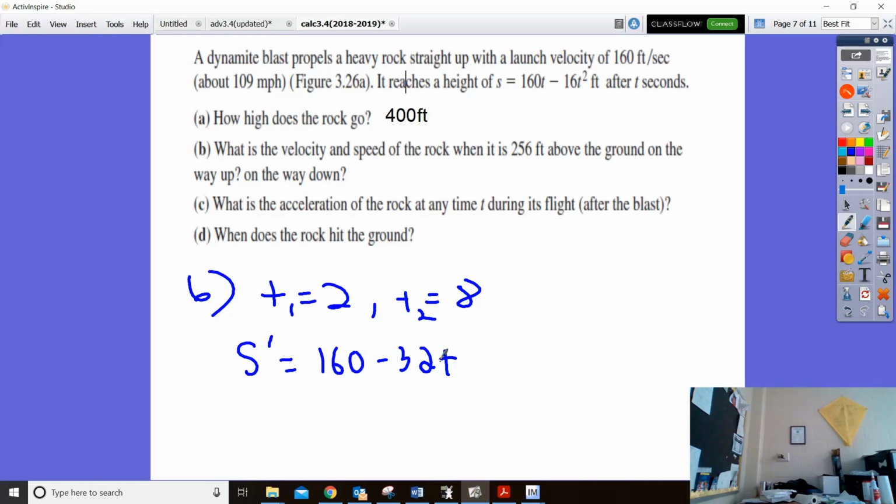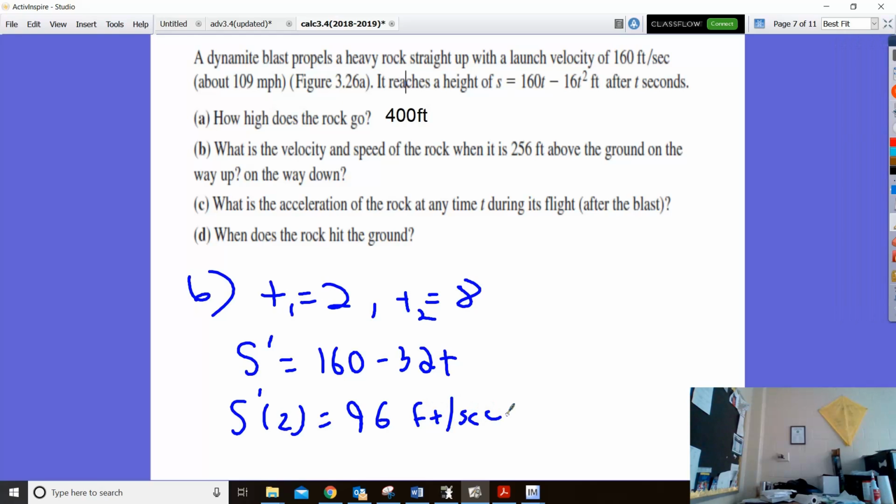All right, if I plug a 2 into that thing, I've got to get 96 feet per second. If I plug an 8 into it, 8 times 32 is 256, I get negative.